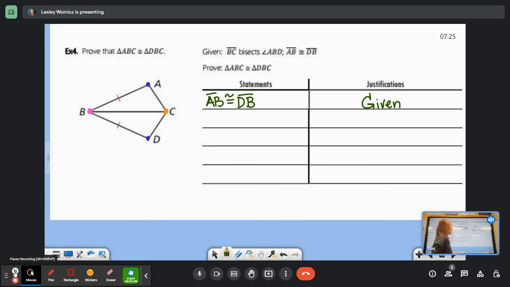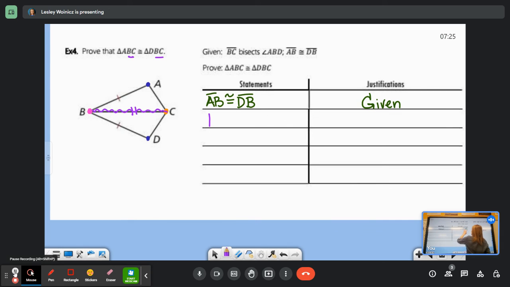Okay, now I have another side. These triangles share side BC. Anytime your triangles share a side, that's like a present from the math gods. That side is congruent to itself. And it's in the same order, so I don't even have to worry about flipping the letters.